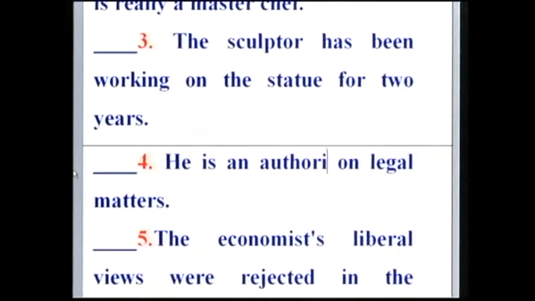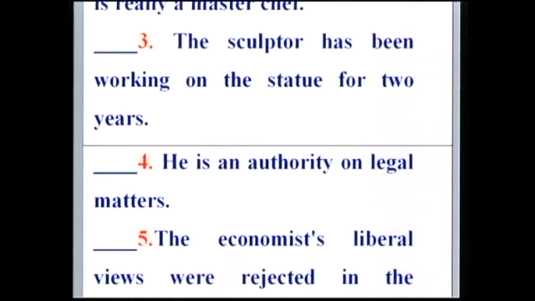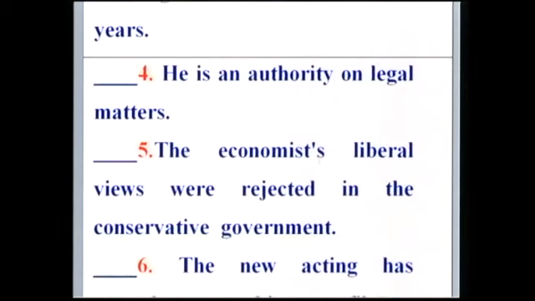He is an authority on legal matters. حجة يعني في الشؤون القانونية. The economists' liberal views. طيب أنا هنا عايزة الشخص ولا الحاجة؟ الحاجة هي economy، لكن أنا عايزة الشخص.